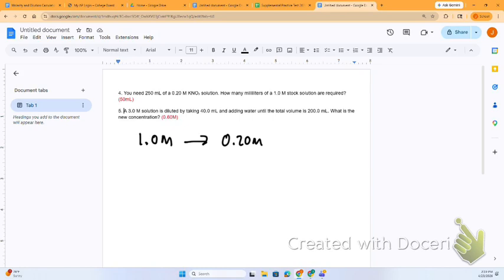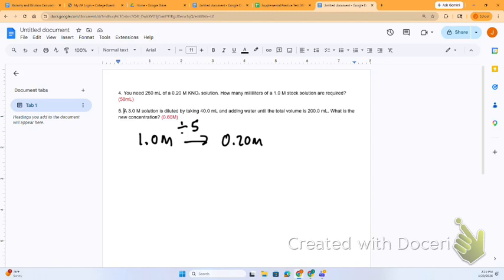So I'm diluting this 5 times, if that makes sense. Maybe saying times 5 isn't great, but in another way, if I take 1.0 and divide it by 5, so I'm diluting it by a factor of 5, I get 0.2, right? So 1 divided by 0.2 is 5.